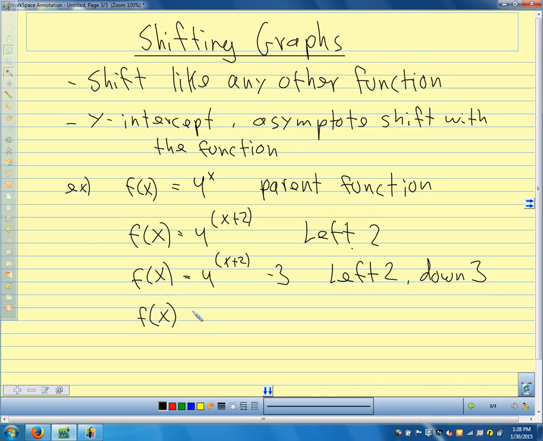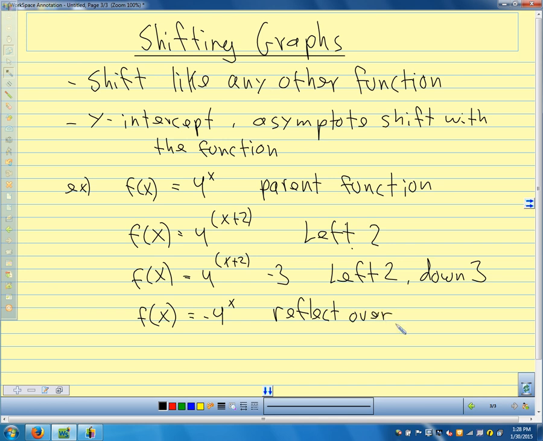How about f of x equals minus 4 to the x? Well, what is that? It's going to reflect. So we got that part over which axis?